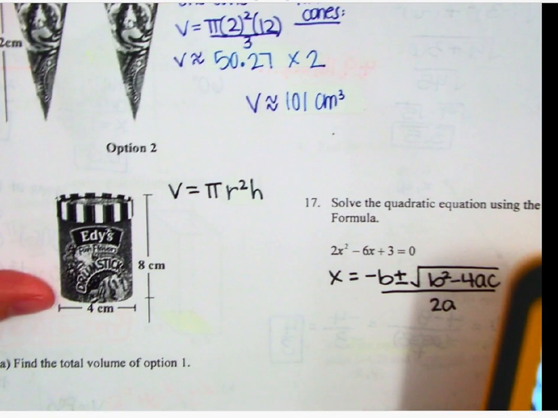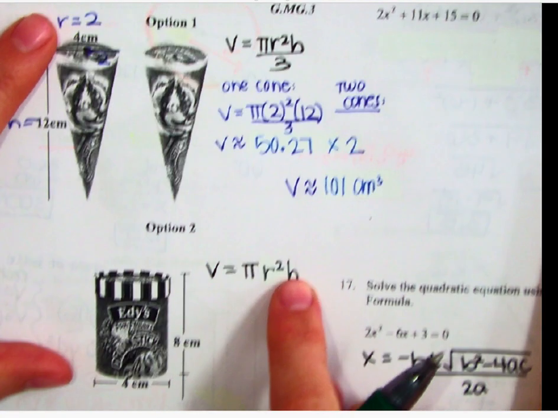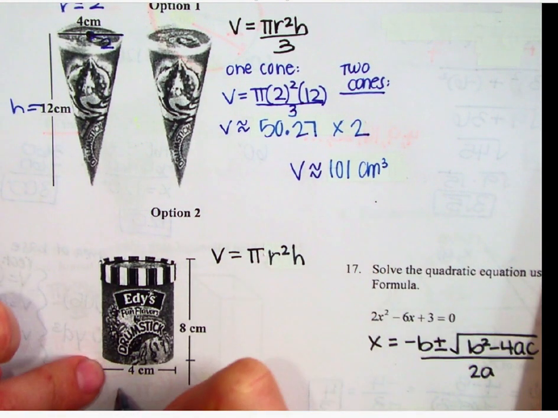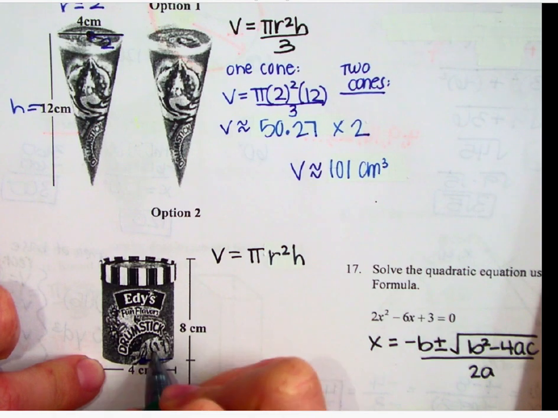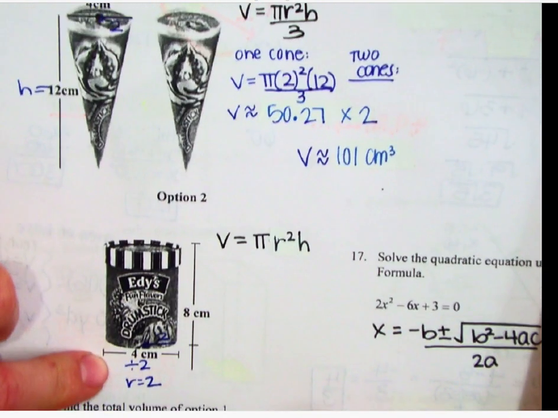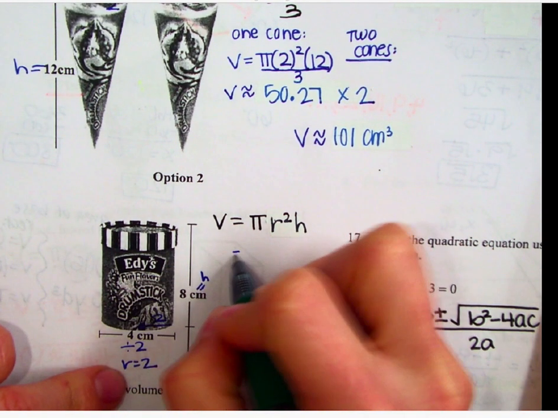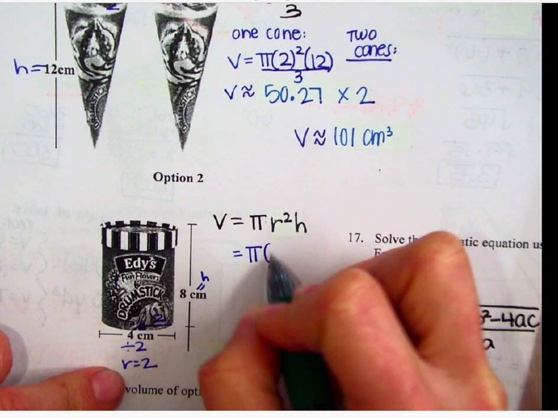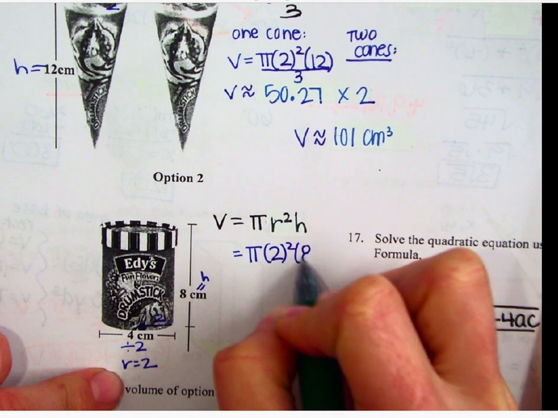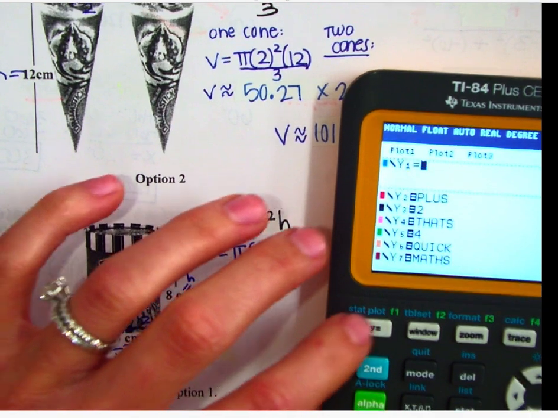In option 2, we have our formula for the cylinder, which is pi r squared times height. And again, we are given diameter, but we need to know to divide that by 2 to get the radius. So here's our height. Now we know our radius, and we're plugging that into the calculator.